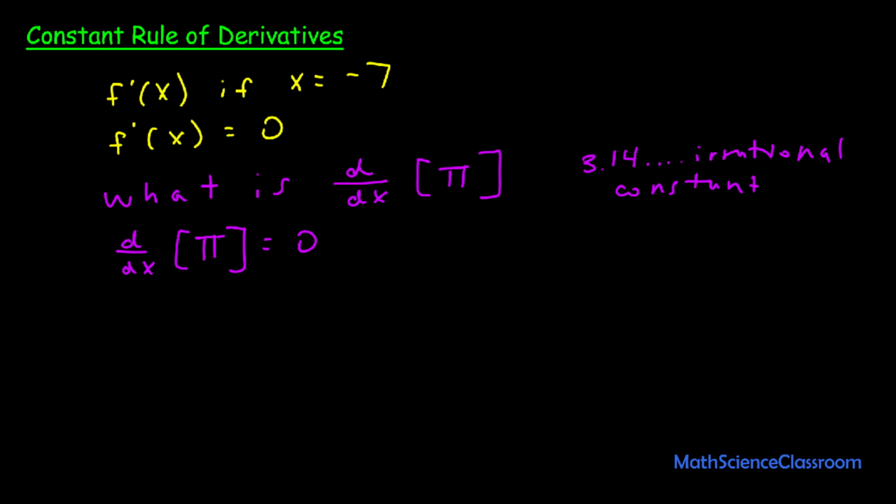So we've done a number of problems, and all the constants we've worked with equal 0, but what is the proof that this actually is the case? How do we know that the derivative of every constant equals 0? Let's go through the proof using the formal definition of derivatives.